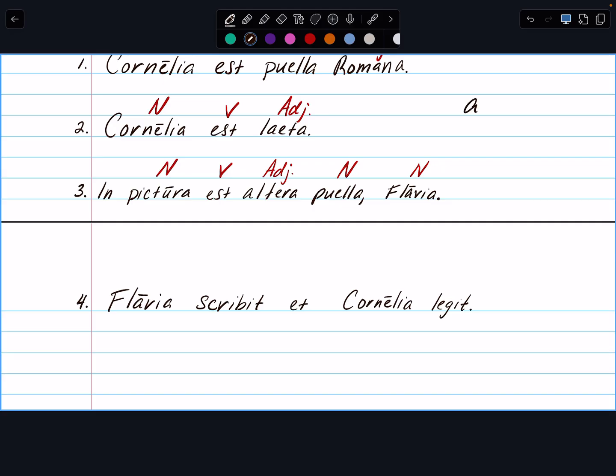Latin does not have a separate word for a, and it doesn't have a word for the either. Those words just don't exist in Latin. In Greek they do, but not in Latin. But that was a good guess, because it is a short little word. Et is how you say and.